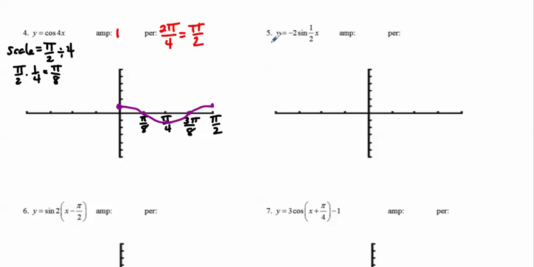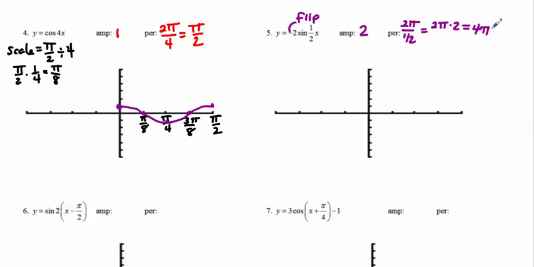Okay, number 5. In number 5, quite a few things are happening. There's a negative sign, which means it's going to flip across the midline. The 2 changes your amplitude so that your amplitude is now 2. And the 1/2 changes your period so that your period is 2 pi divided by 1/2, which is 2 pi times 2, which is 4 pi.